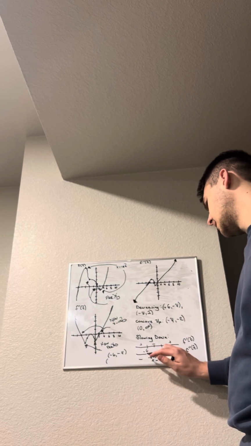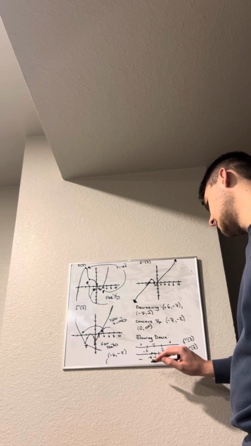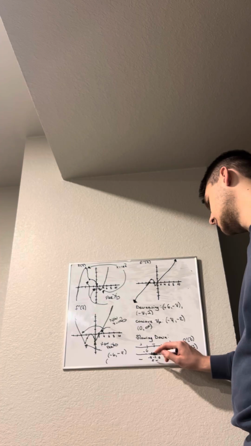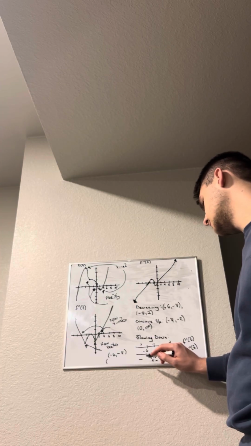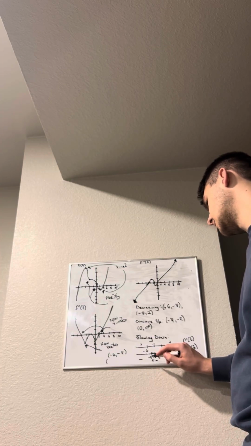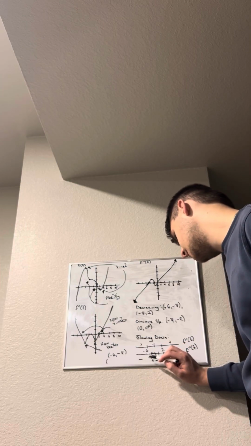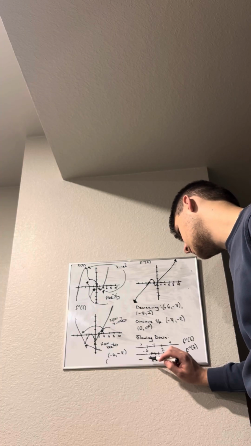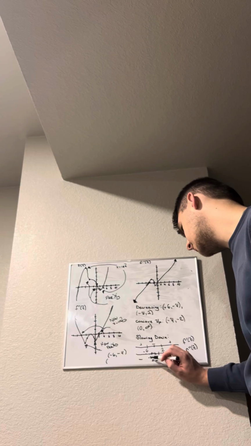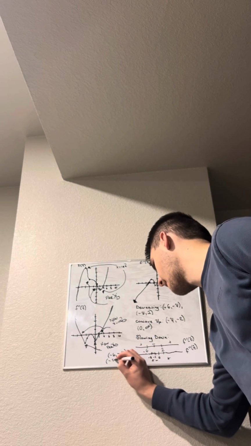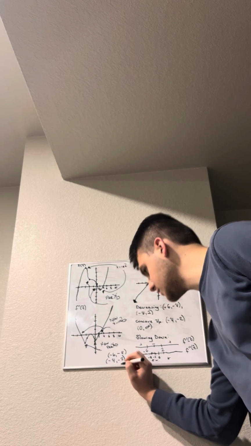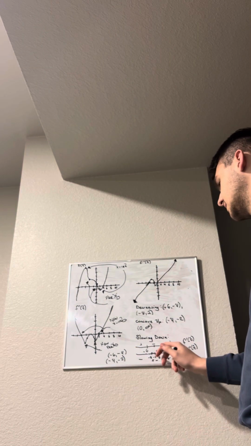And then from -4 to -2, it would have also been slowing down as well, because they have two different signs.